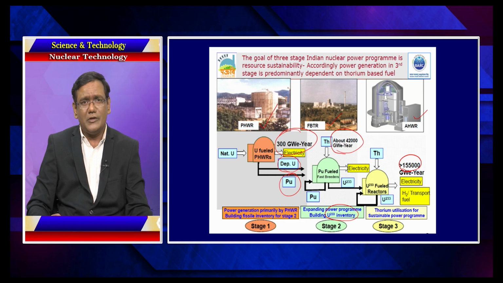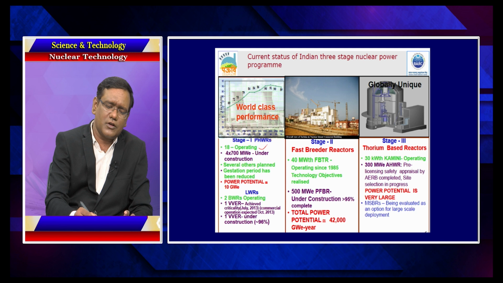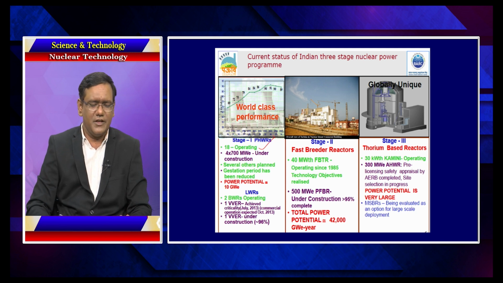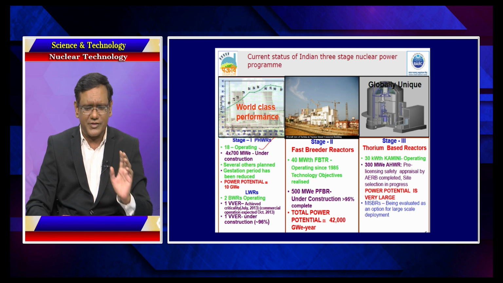So let us look into the current status of the Indian 3-stage nuclear power program. In stage 1, 18 PHWR reactors are operating. 4 reactors of 700 megawatt electricity each are under construction.